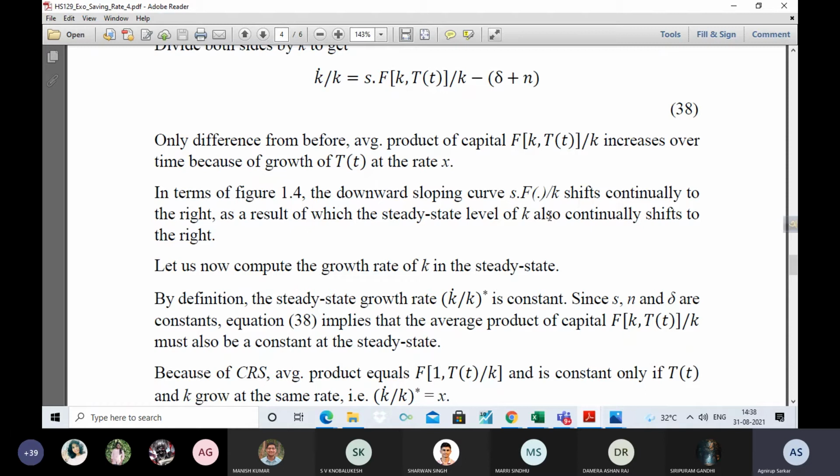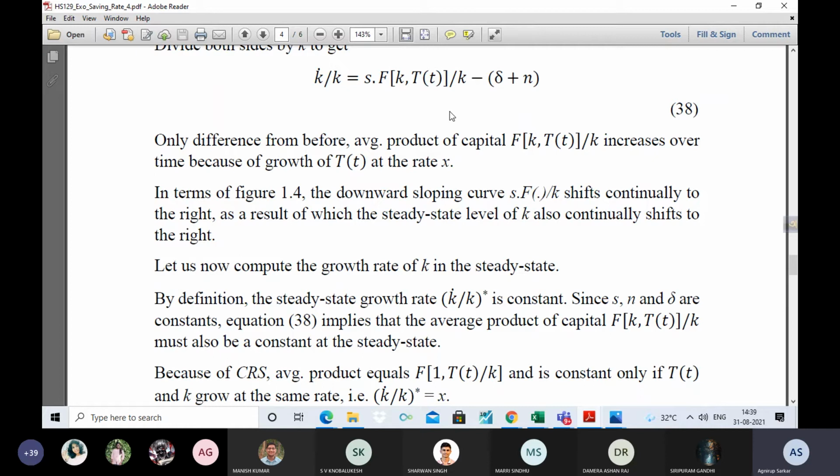Now, by definition, the steady state growth rate of capital, k dot by k star, is constant, right? Since s, n, and delta are all parameters and constants.